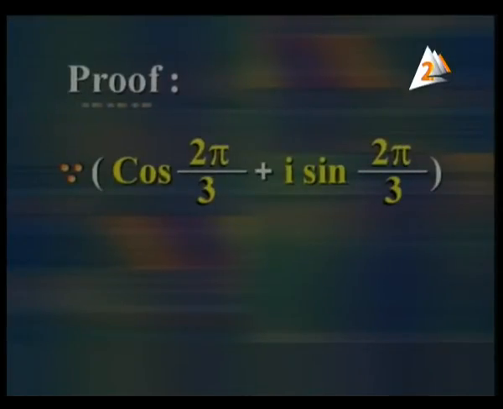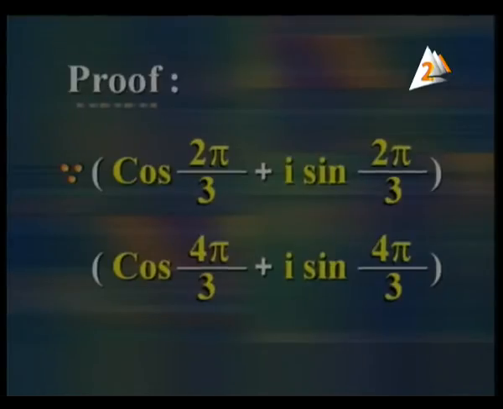Let the student take cosine 2 pi over 3 plus i sine 2 pi over 3, multiplied by cosine 4 pi over 3 plus i sine 4 pi over 3. The first is omega, the second is omega square.